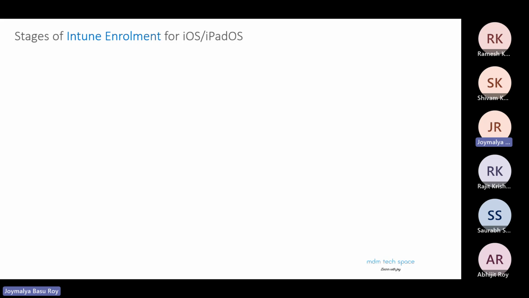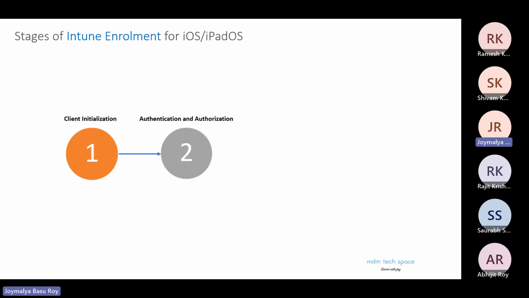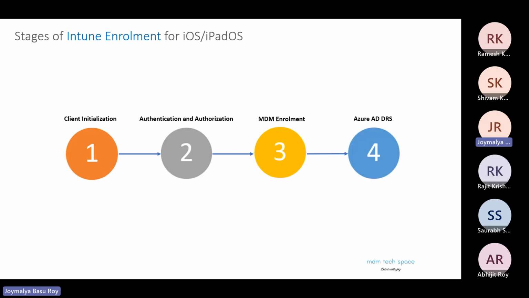OK, so first is client initialization, next is authentication and authorization. Next is enrollment. And next is DRS, Device Registration Services, but this is for Apple only. Yes, it's for Apple, and one more case is hybrid Azure AD join, where I think MDM comes first prior to Azure DRS.